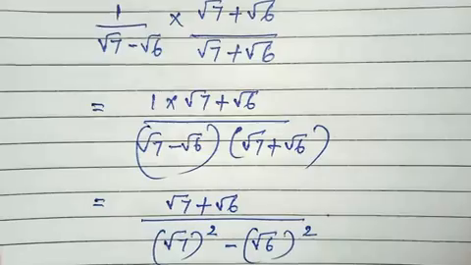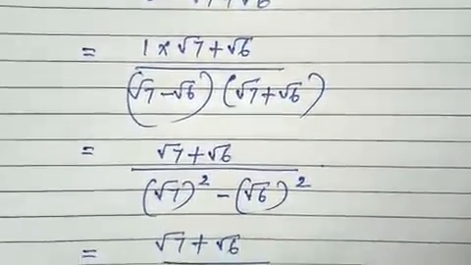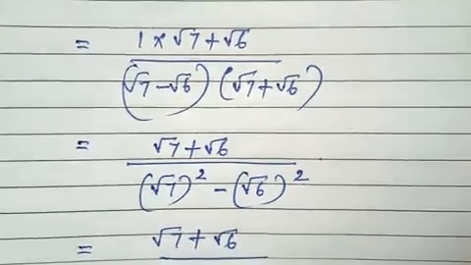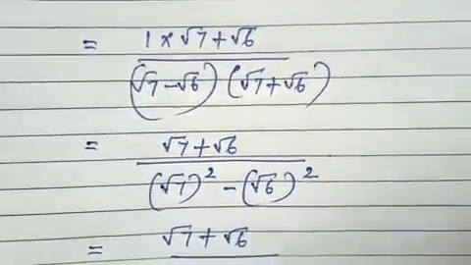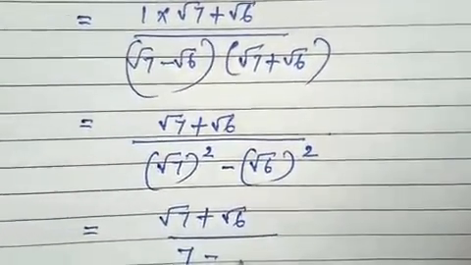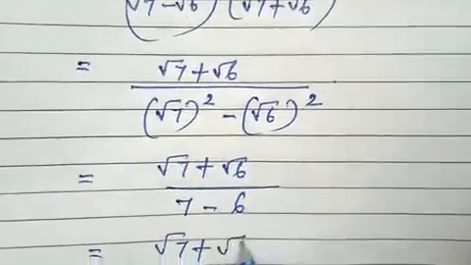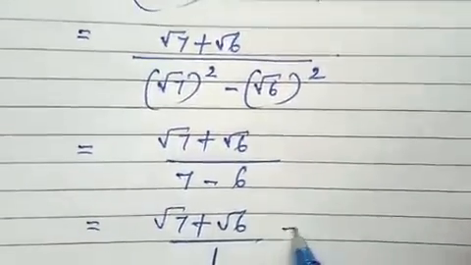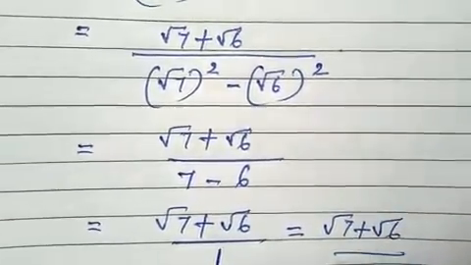So finally we will get root 7 plus root 6 divided by root 7 square, which is 7, minus root 6 square. Root 6 into root 6 will be 6. So root 7 plus root 6 divided by 1. So the answer is root 7 plus root 6.